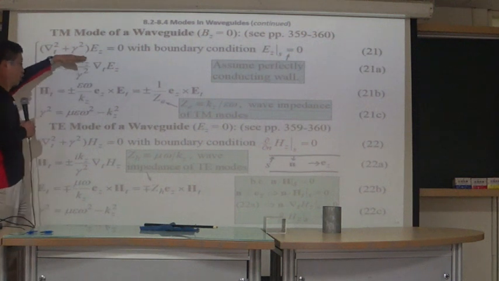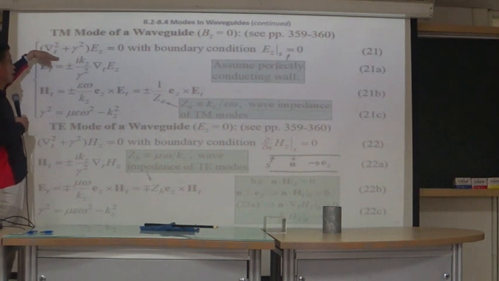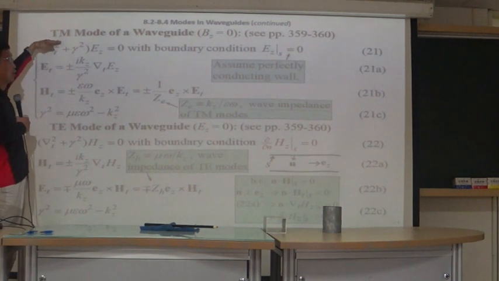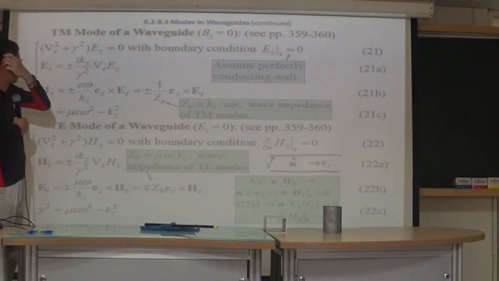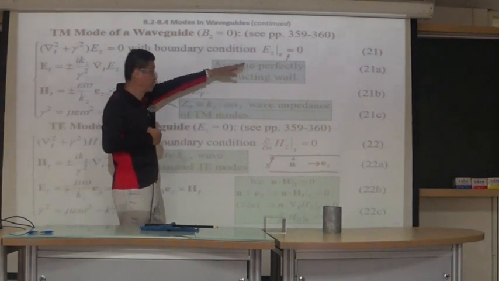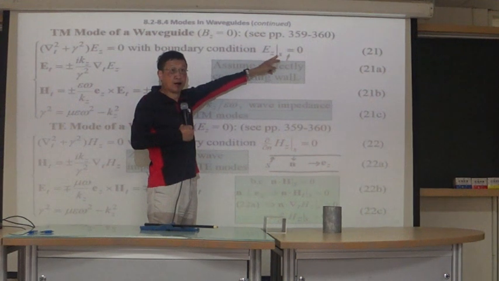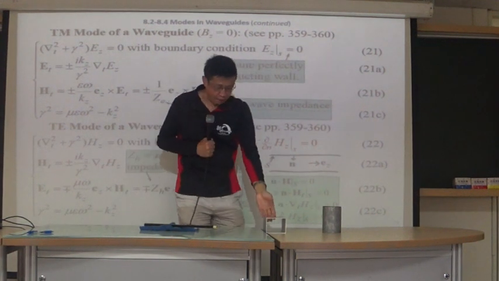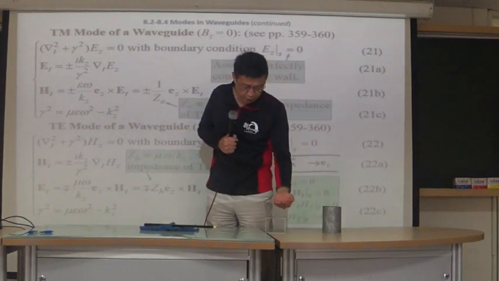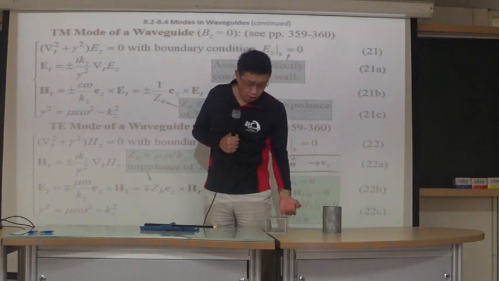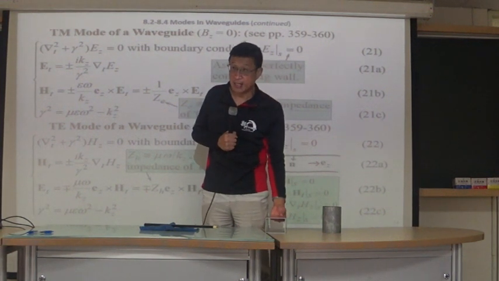Okay, normally, if we use TM mode, we prefer to use these boundary conditions. On the waveguide, this is the z direction. So on the waveguide, Ez equals 0.